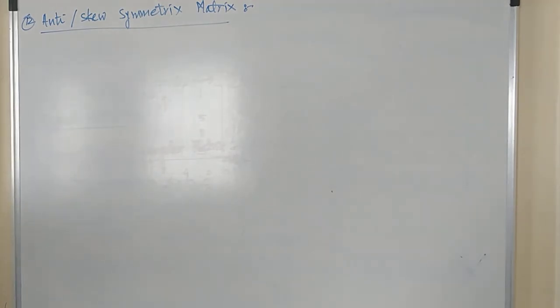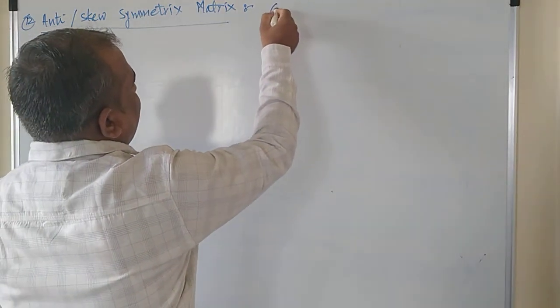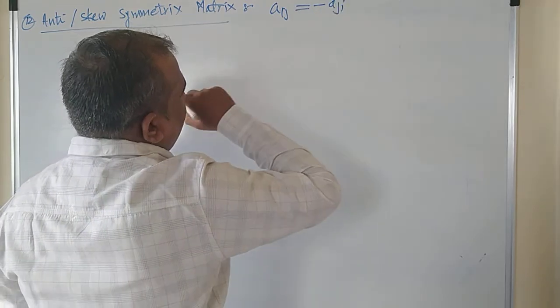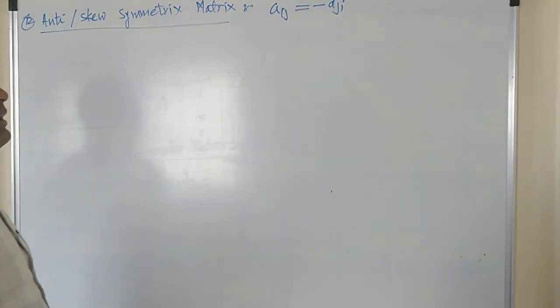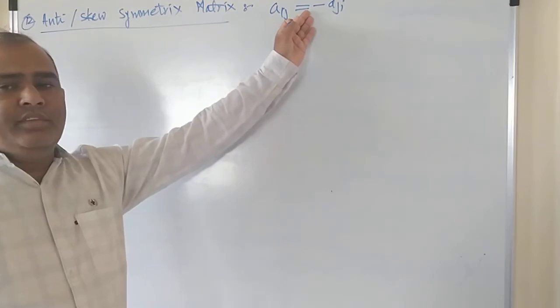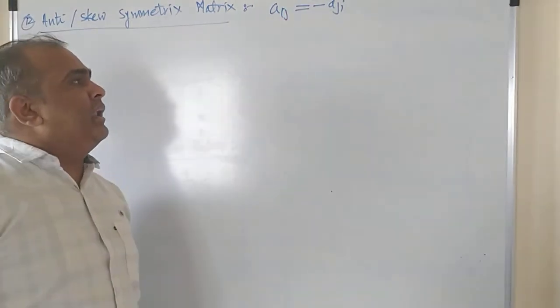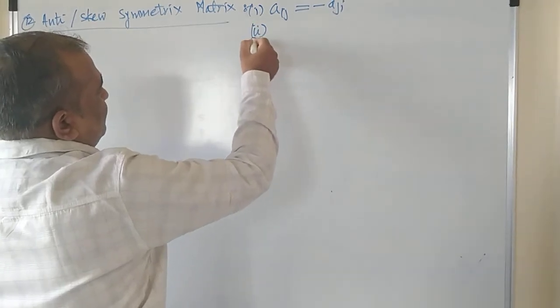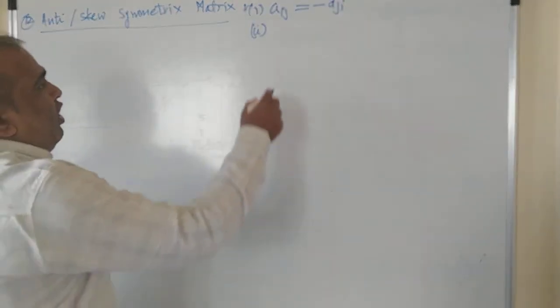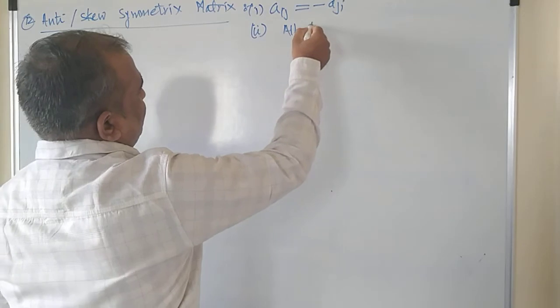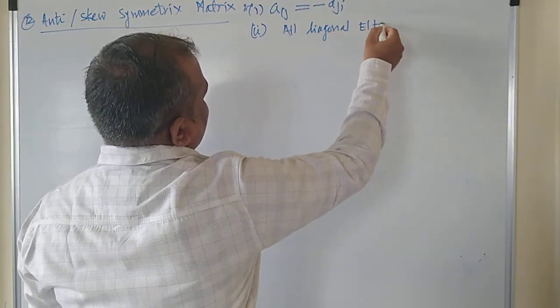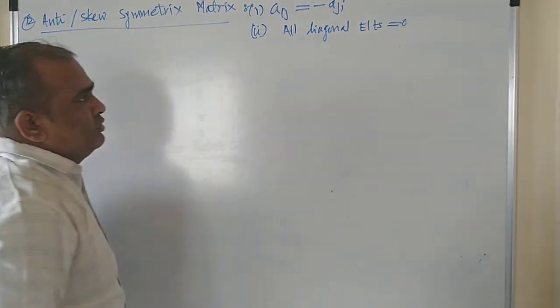An anti-symmetric or skew symmetric matrix is a square matrix whose all Aij is equal to minus Aji. Aij element is equal to minus Aji element. This is the first condition. And the second important condition for the skew symmetric matrix is that all its diagonal elements must be 0.